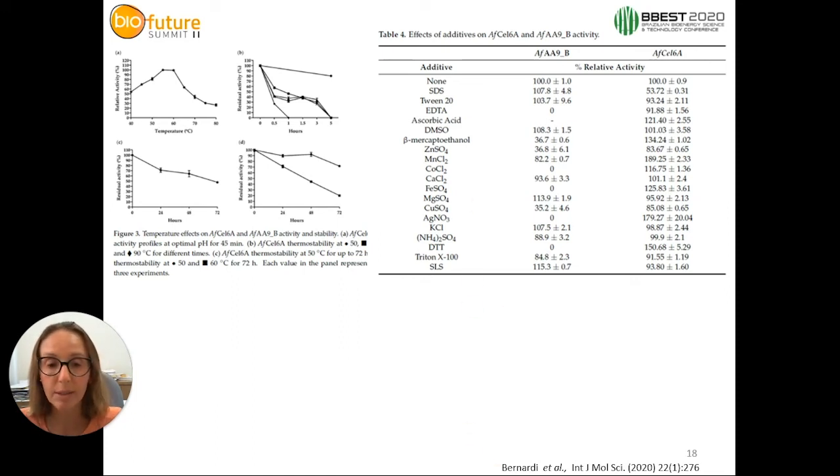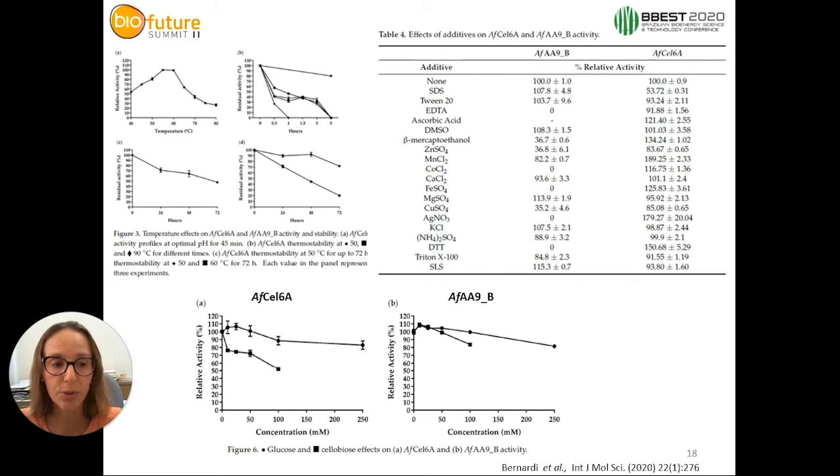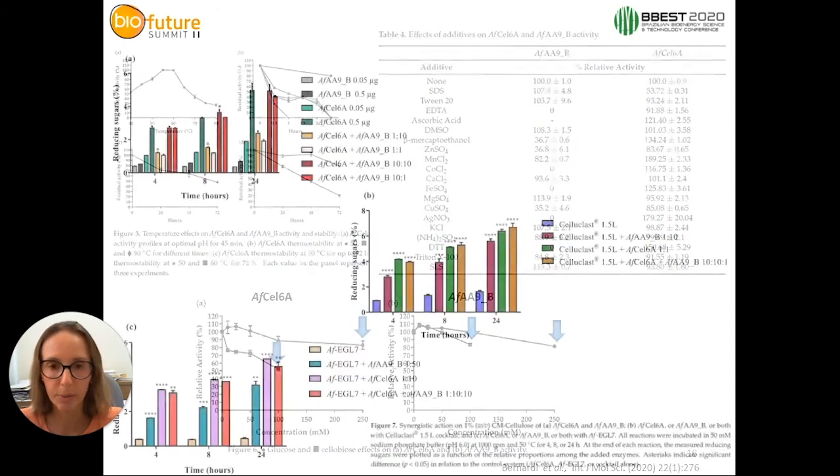We can see that both enzymes were tolerant to glucose up to 250 millimolar, keeping around 90% of residual activity. At 100 millimolar, cellobiose inhibited 50% of cellulase activity and 8% of LPMO.